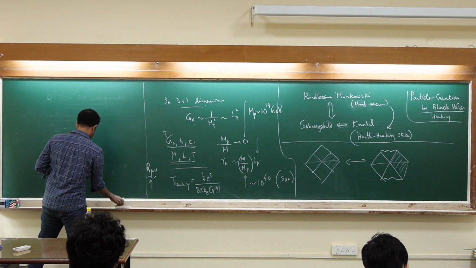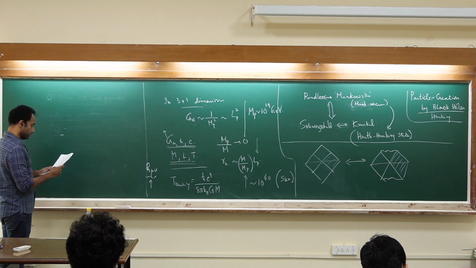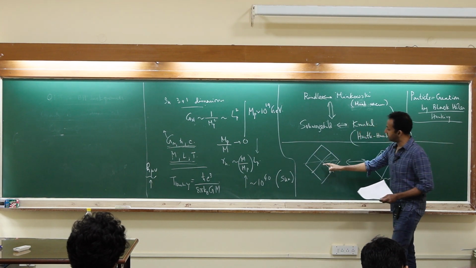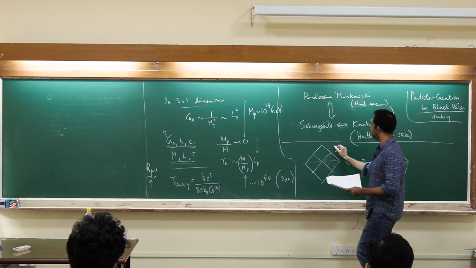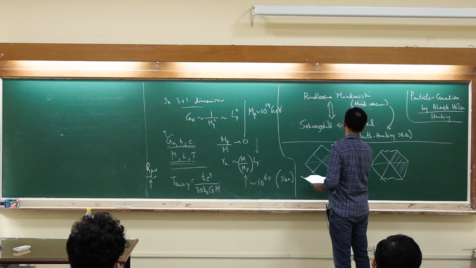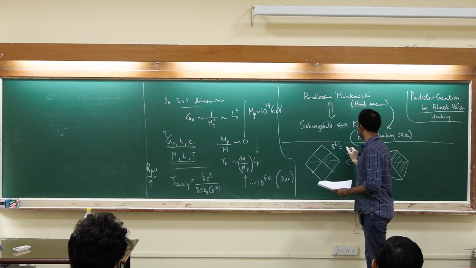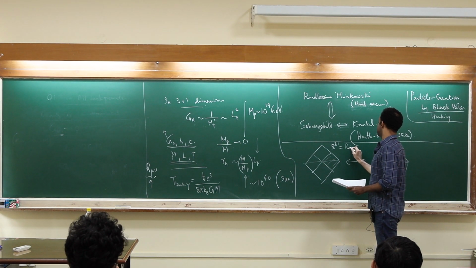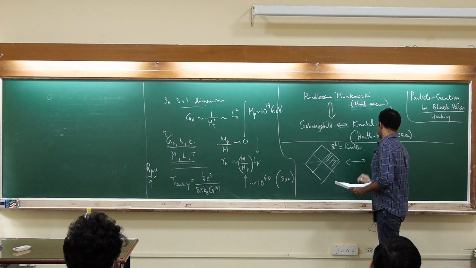Okay, so the one important distinction between here and here is that when I draw it like this, what I mean is really R3,1. I'm starting with Rindler on this side, it's Rindler times an R2.